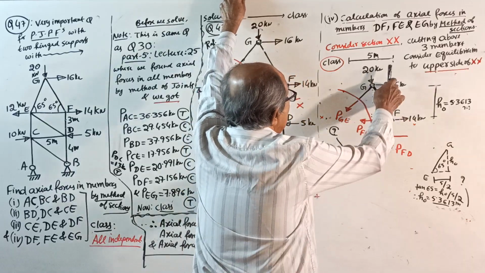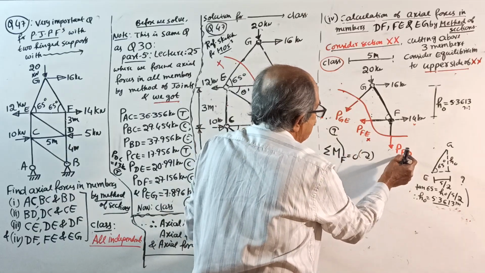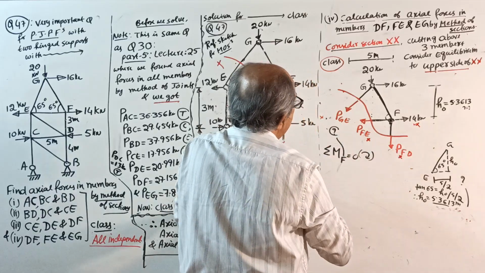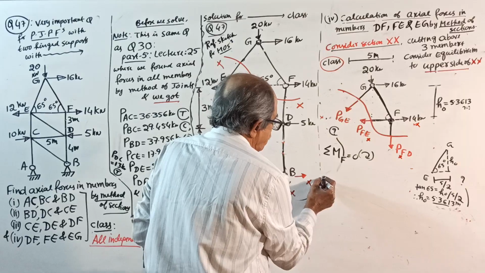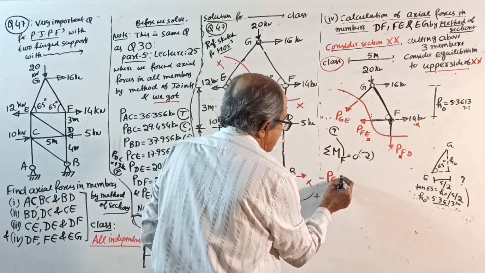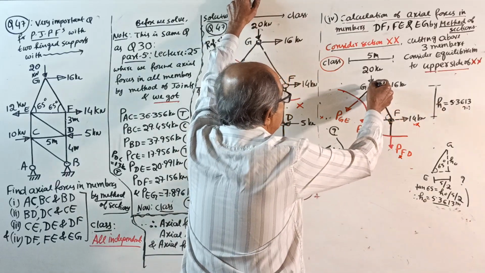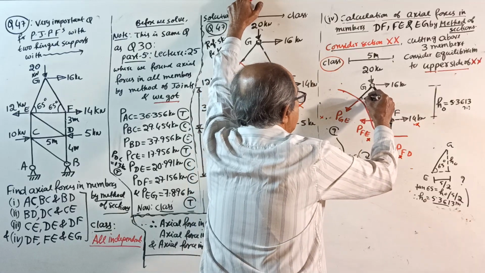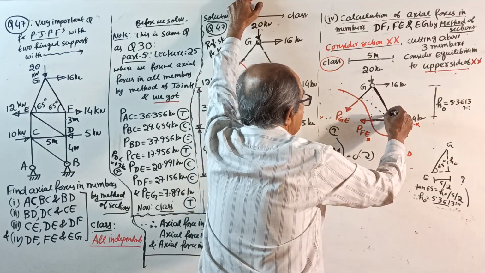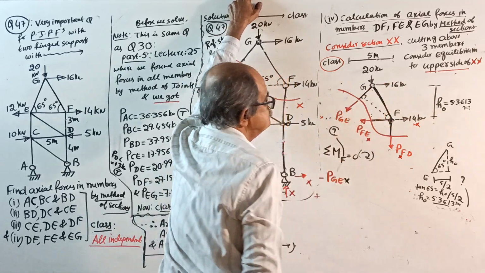Now this into 0, this into 0, this into 0. But PGE, anti-clockwise. Minus PGE into, oh, it's an inclined force. What do you require? You should draw a perpendicular here. One perpendicular here. This is required.